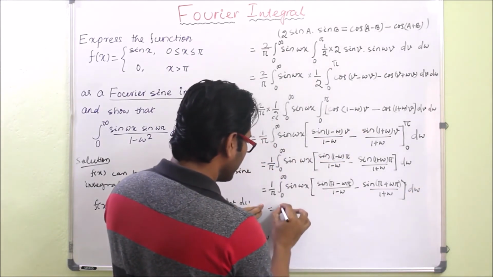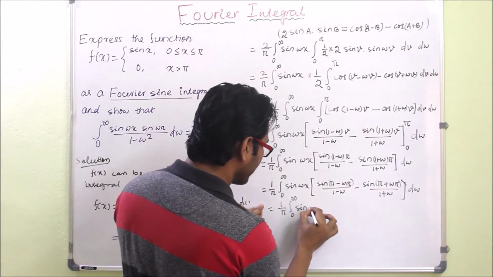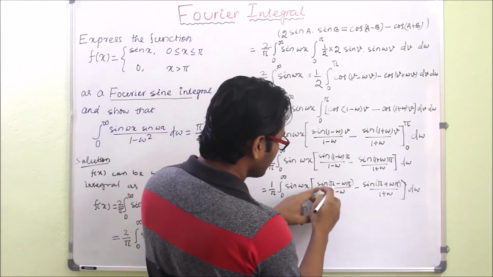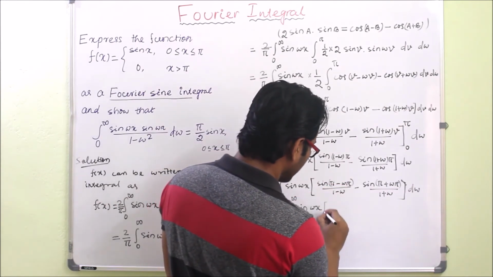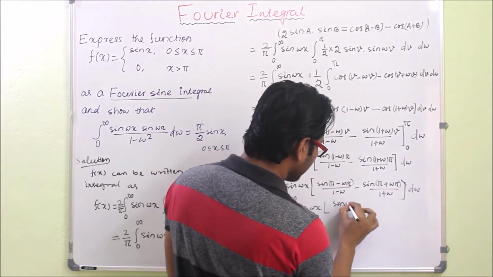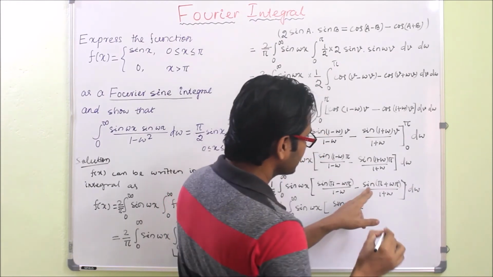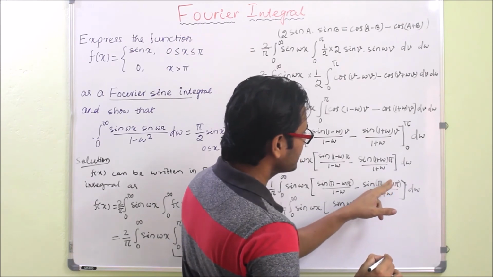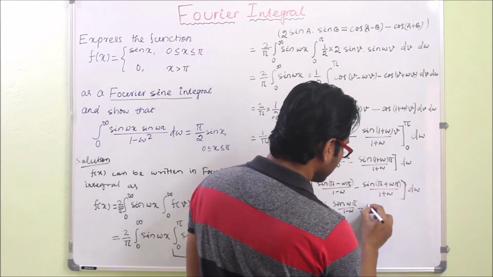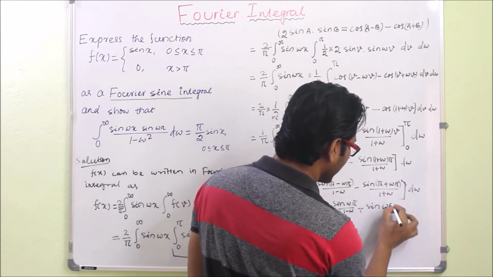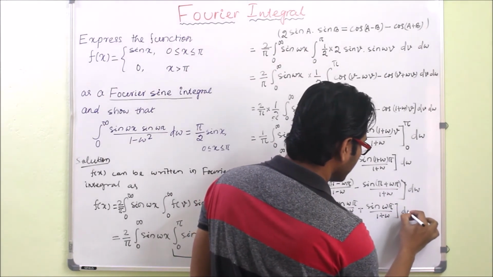Now here again inside we will apply the formula. So sin pi minus theta is sin theta, so sin w pi divided by 1 minus w, minus sin pi plus theta is minus sin theta, so minus minus plus sin w pi divided by 1 plus w into dw.